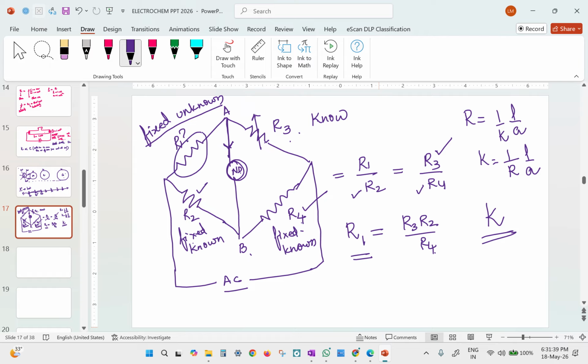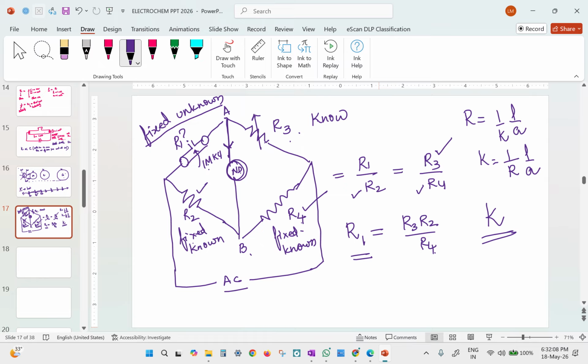Fine. Now, how do we use this setup? Instead of using R1 as unknown, we are going to connect it with the conductivity cell. Remember, we are going to use a conductivity cell. The conductivity cell is going to store the 1 M or any other solution for which you want to find out the conductivity value.